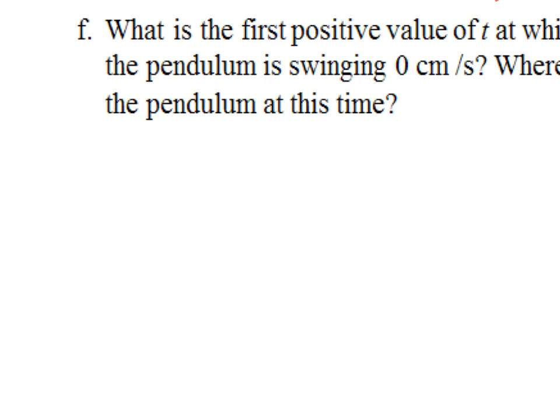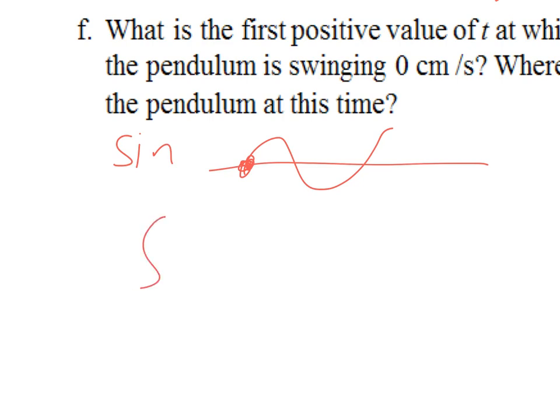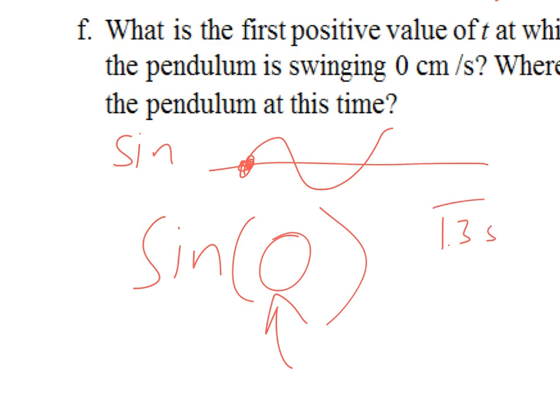I know how sine behaves. Sine starts at 0, so as long as I find out what makes the inside 0, I find what I'm looking for. So the answer will be 1.3 seconds.